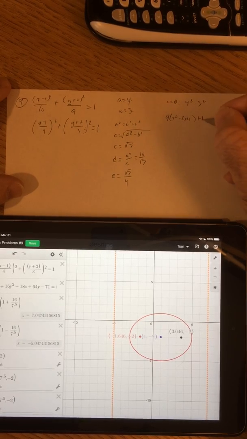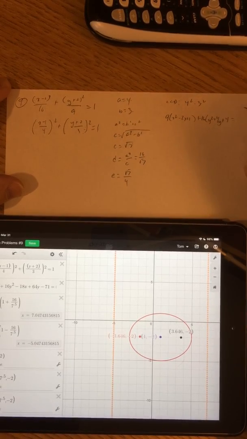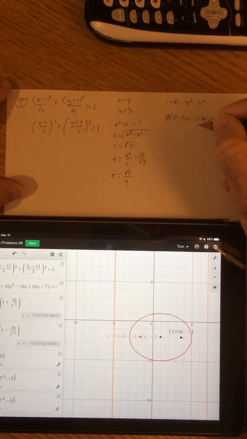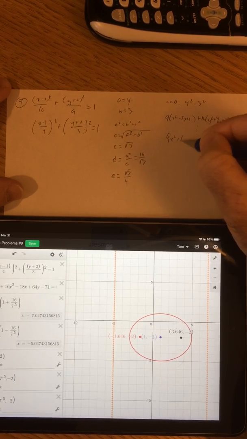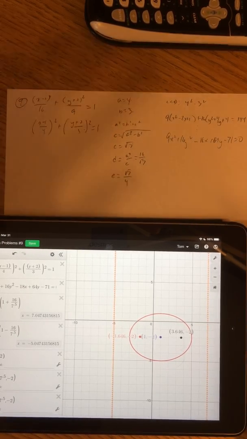I get 4 squared, or 16, times (y squared plus 4y plus 4). And that's equal to 1 times the LCD, or 144. Exercise left to the student, and you can do this. You end up with 9x squared plus 16y squared minus 18x plus 64y minus 71 is equal to 0.